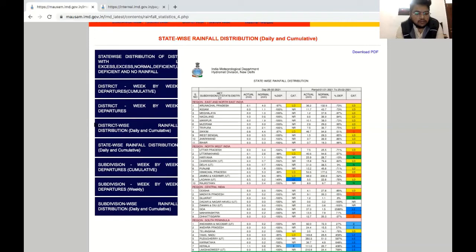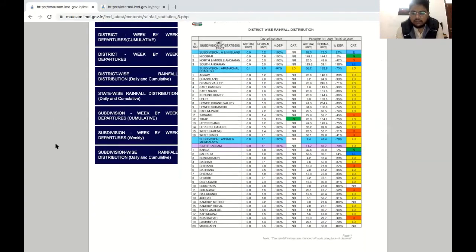Now, you can also view this data district wise, and you can download it and analyze it.